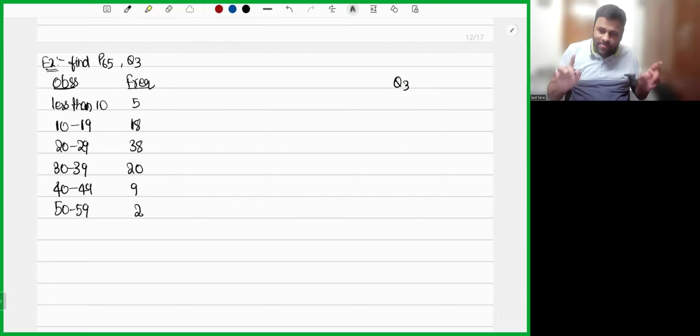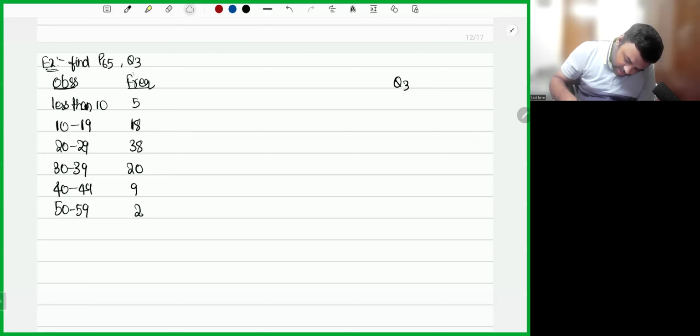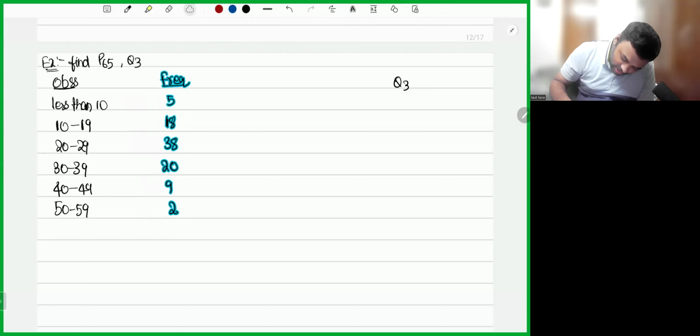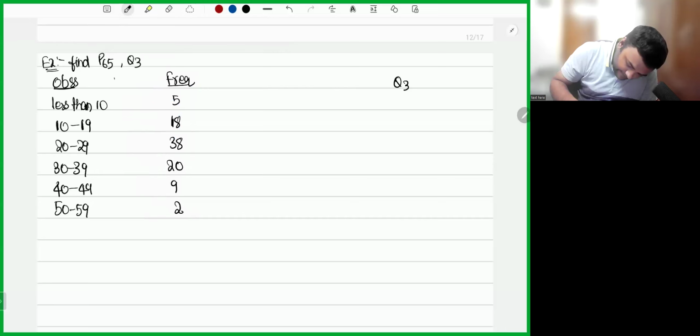It's inclusive data. Let's convert it into exclusive data before solving. Less than 10 will remain less than 10 itself.